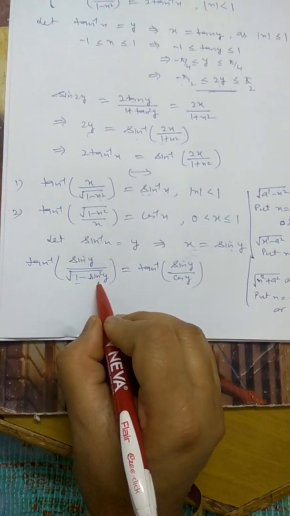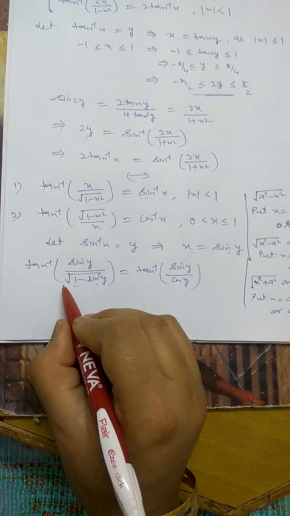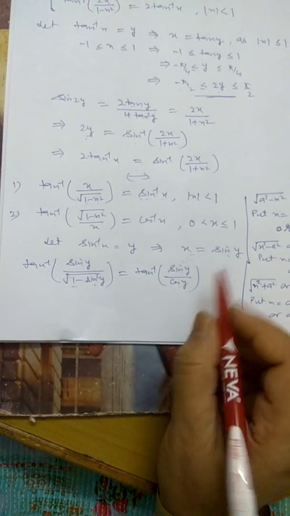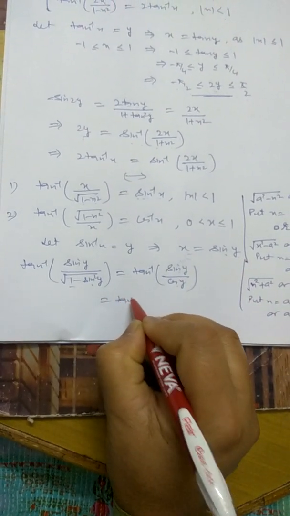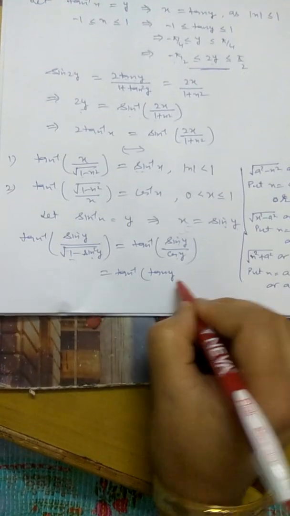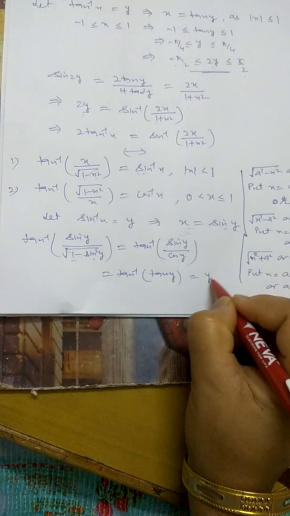As 1 minus sin square y is cos square y, its root is cos y, and therefore sin y upon cos y becomes tangent inverse of tangent y. And when you simplify this, you will get y.